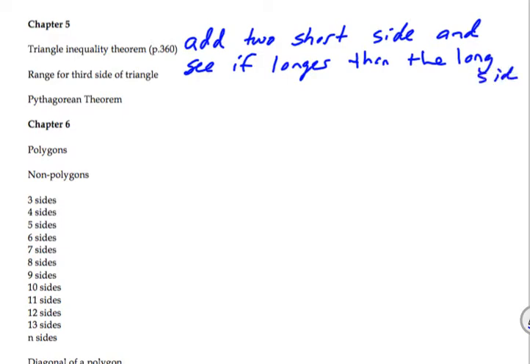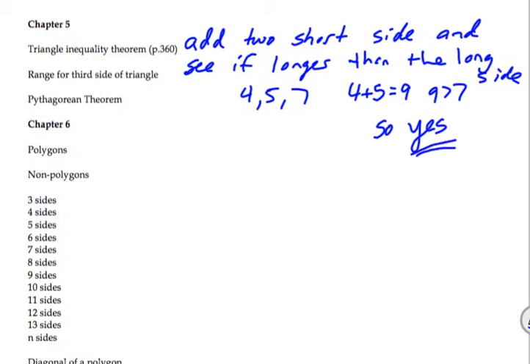What that means is if I'm given 4, 5, and 7 for the sides of a triangle, 4 plus 5 is equal to 9. 9 is greater than 7, so yes, it's a triangle. That's what you were doing there.